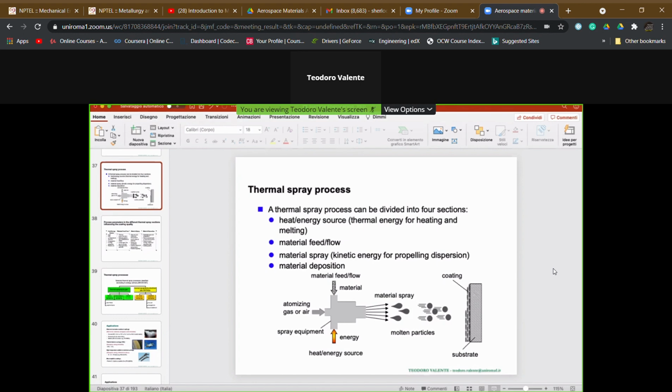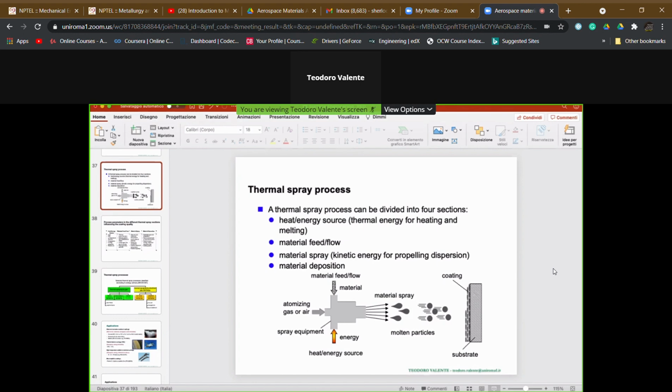Here we reach a much higher number of processing parameters which must be monitored and selected during the fabrication process, and I will give you some guidelines in order to make the proper choice.